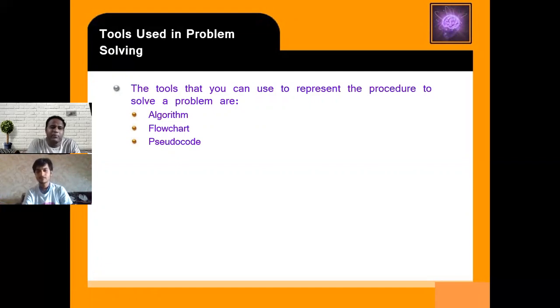Because people are facing a problem. As a software engineer, you have to provide the solution. So that is called a problem solving technique. It does not mean that when you have been assigned a problem, you directly write the code.